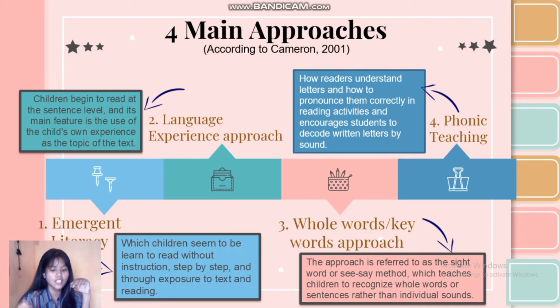So we as teachers can see the situation first, and as I said before, know about the learning styles of young learners first, and then their characteristics. So we can choose which approach is applicable to them.